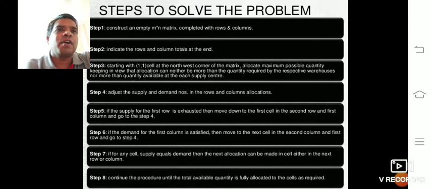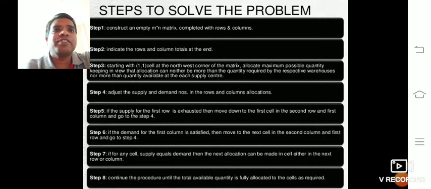That means the number of rows is represented by m and the number of columns by n. In the third step, you start the allocation process from the northwest corner cell, that is, the upper extreme left cell, which we call the northwest corner cell.